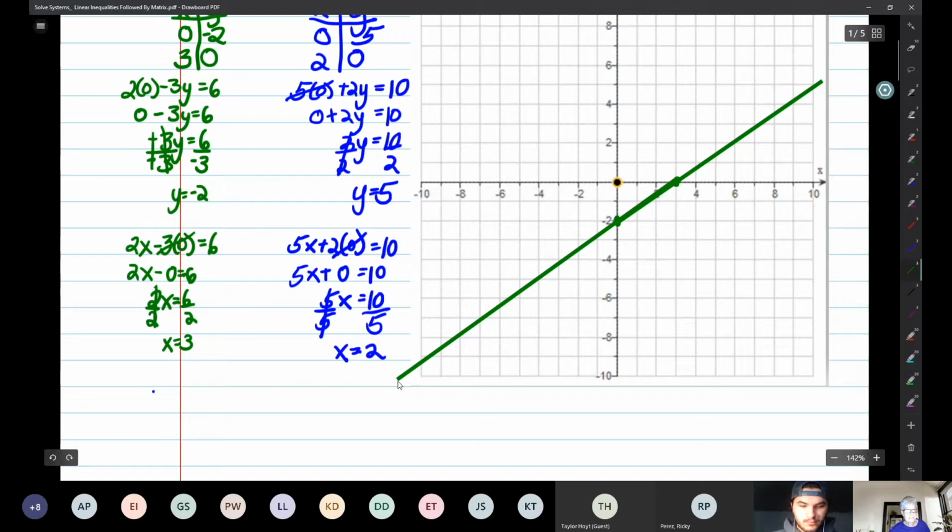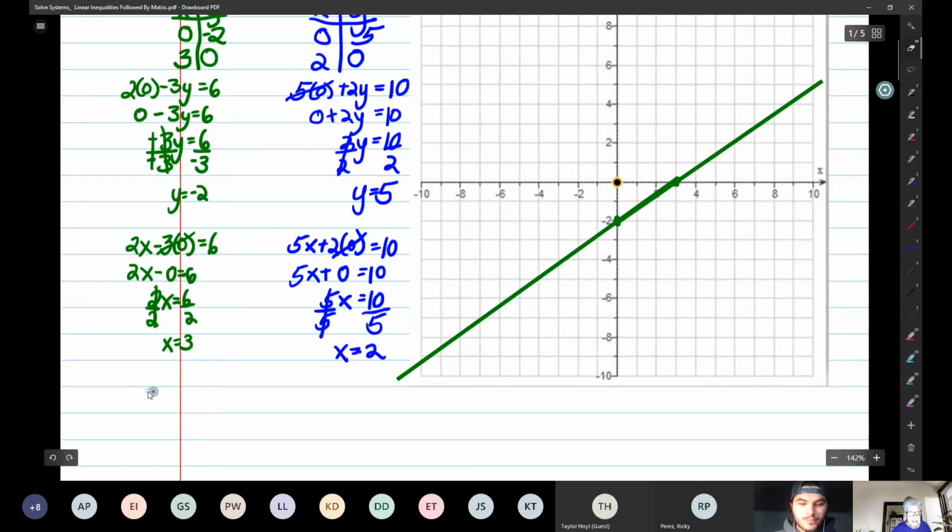Good enough. Okay. Now, you're still on your paper. You haven't started graphing in MyMathLab yet. Here's what I want to do.